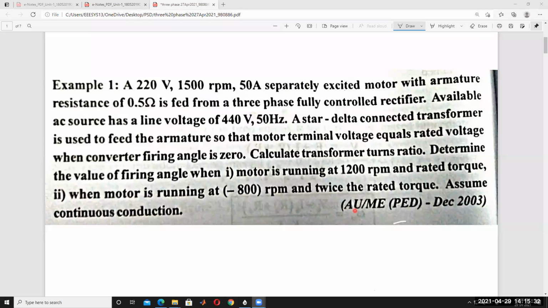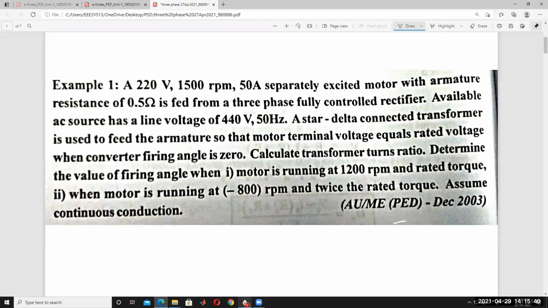So first, write the given data. All of you write the given data. What is the motor voltage? 220 volts. So when the firing angle is 0, what is the condition here?